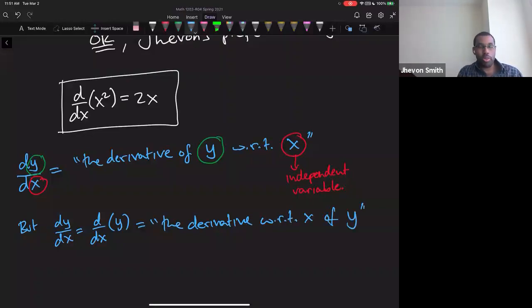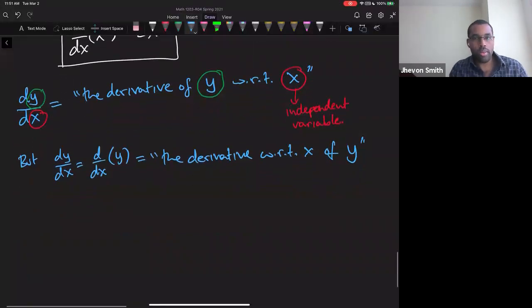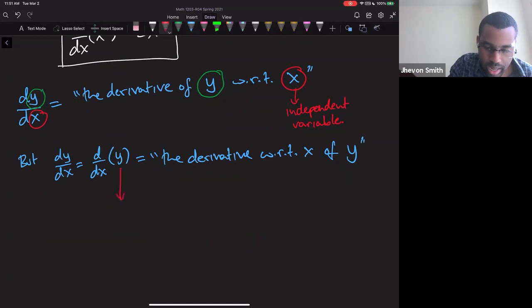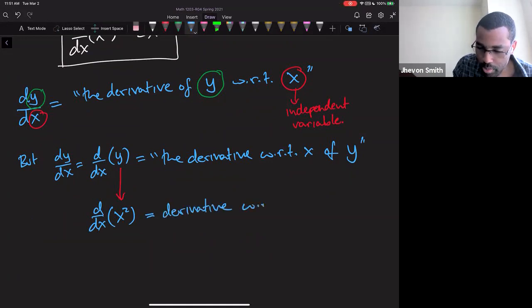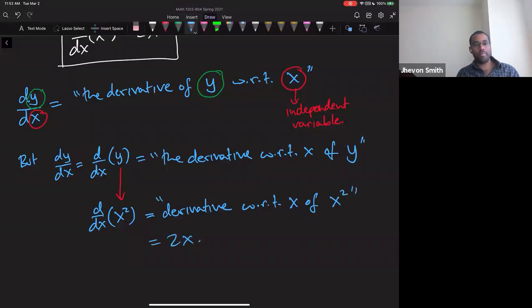And so you can literally replace that function y with whatever function you happen to be concerned with at the time. So in our case, that y was x squared. And so I can think of this as the derivative with respect to x of x squared, and we know that that is 2x.